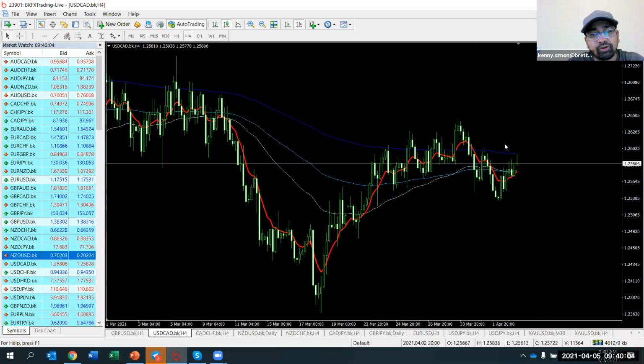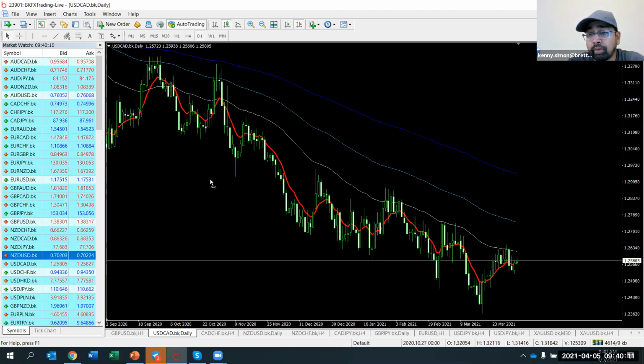On the 4 hour chart, still confusion, because we don't see clarity in terms of trend. When I talk about clarity, I talk about the three lines. If the three lines are going downwards, or all candles are under, that means a downtrend. So it's a downtrend on the daily, sideways on the 1 hour, sideways as well in a way on the 4 hour. So that just doesn't have a very clear one type of trend for USD CAD.